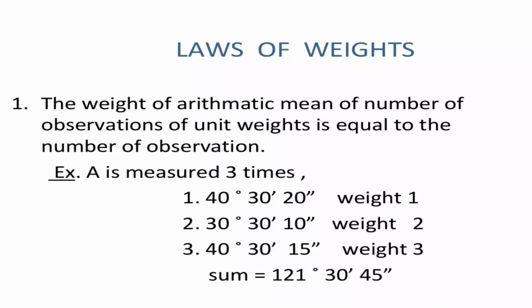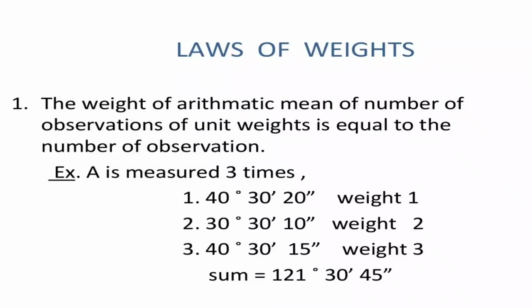Its example: an angle A is measured 3 times. The first is 40 degrees 30 minutes 20 seconds, the second is 40 degrees 30 minutes 10 seconds, and the last is 40 degrees 30 minutes 15 seconds. The weights are 1, 2, 3.